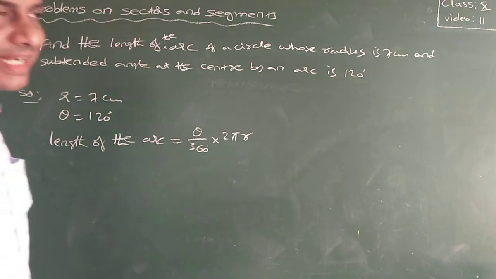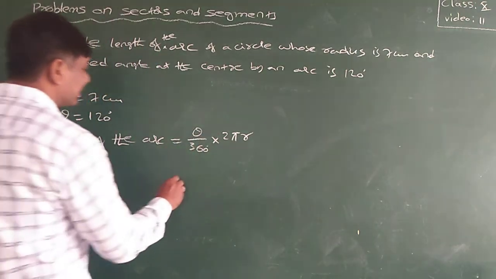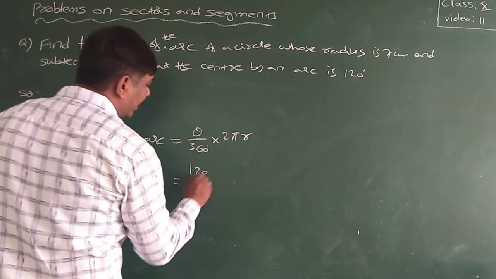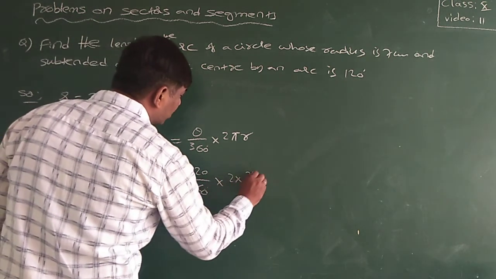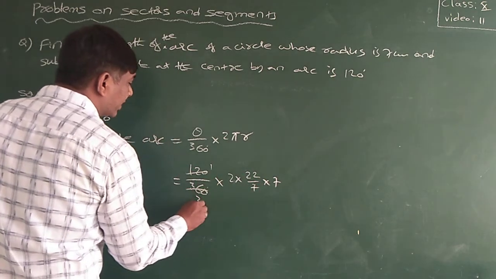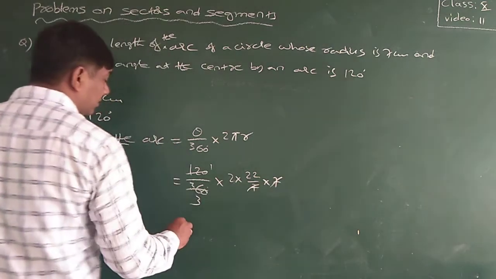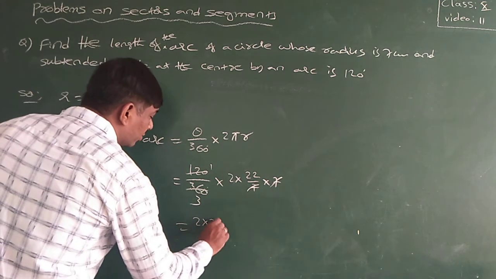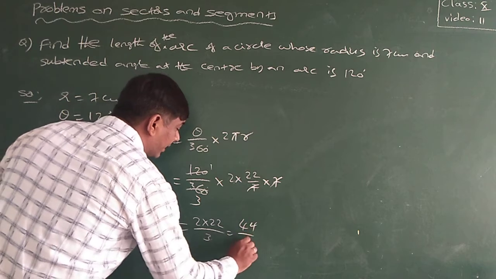If you simplify, theta by 180 into pi r we will get. That is equal to 120 by 360 into 2 into 22 by 7 into 7. 120 by 360 is 1 by 3. 7 7 cancel. That is equal to 2 into 22 by 3, that is equal to 44 by 3.